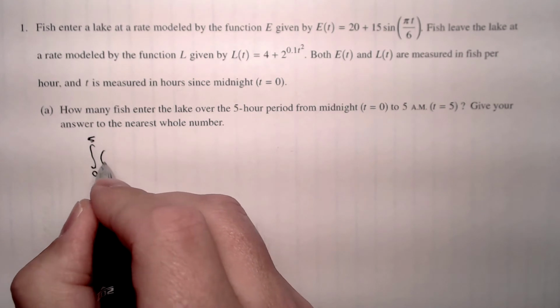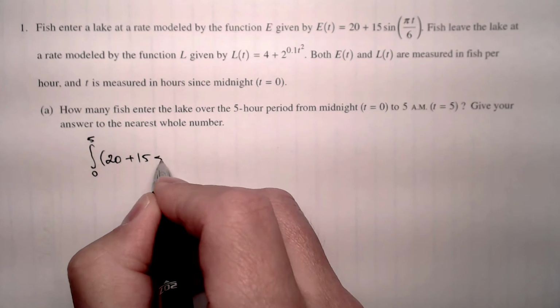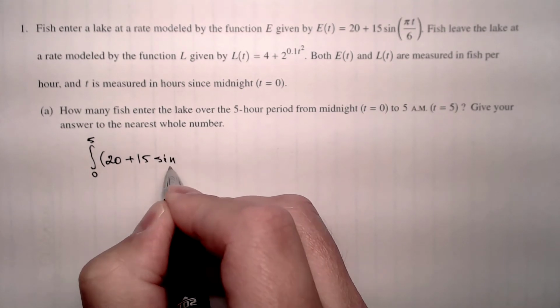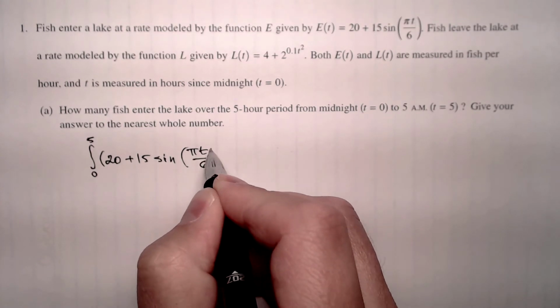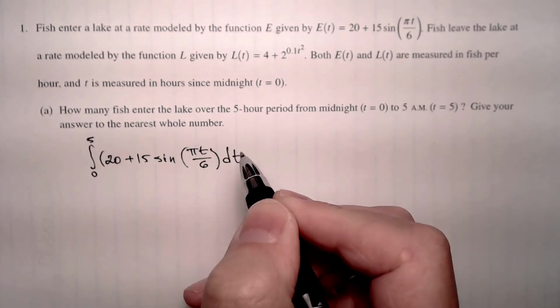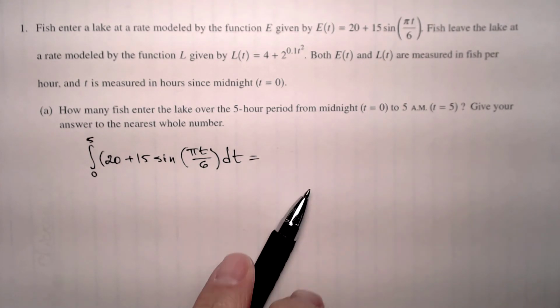So it's 20 plus 15 sine of pi t over 6 dt. We use a calculator to calculate this number.